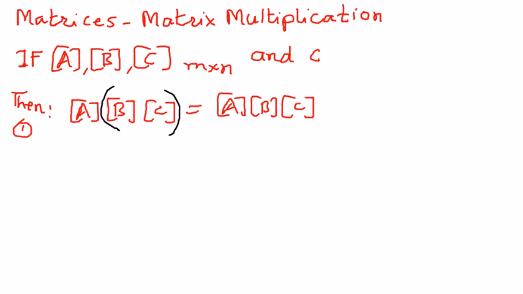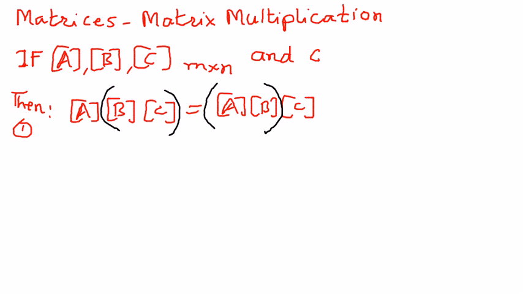That quantity would be exactly the same as if we were to multiply matrix A times matrix B, take the product of that, and then multiply to matrix C. So this is what is called the associative property of multiplication, and this is very similar to what we have seen in basic algebra.